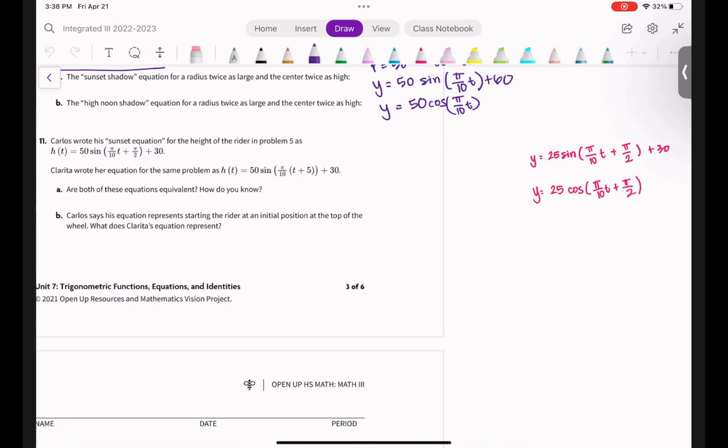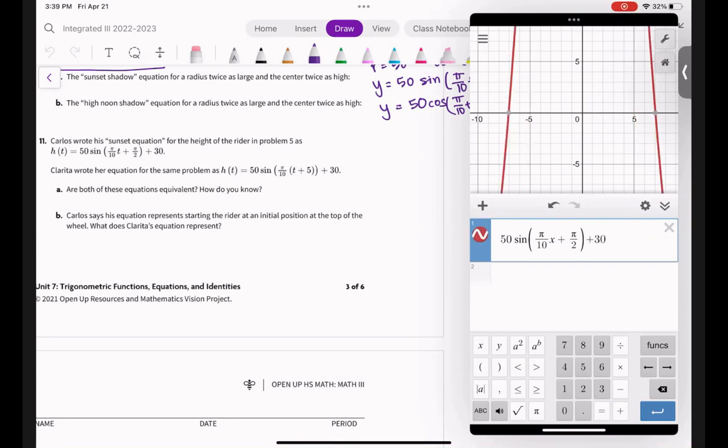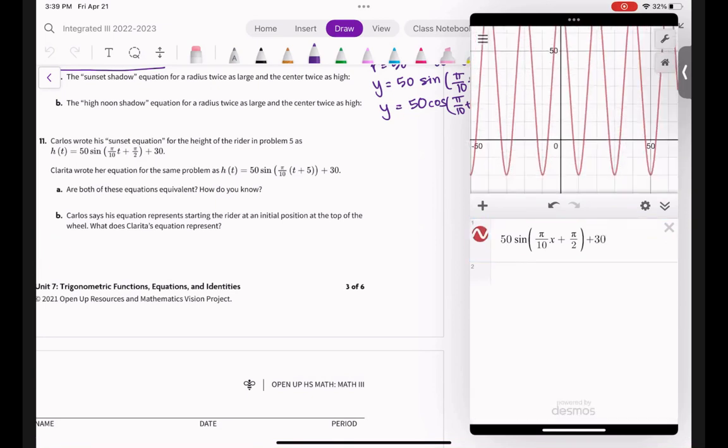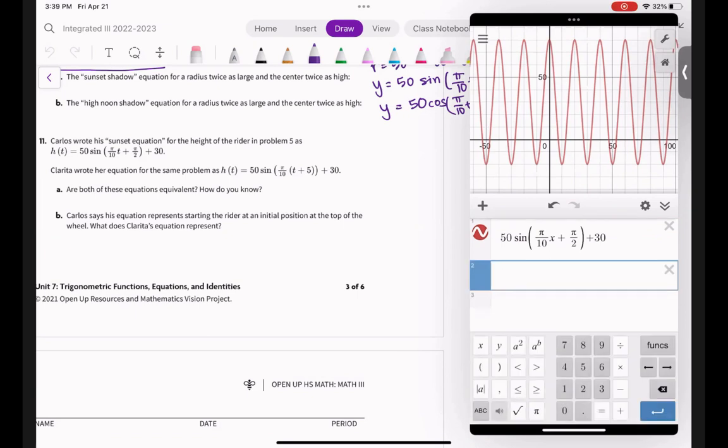Okay, and so let's look. Let's write an equation. It's 50 sine pi over 10 t, I'm going to use x instead, plus pi over 2, and then plus 30. Okay, and so you're like, oh, I see that equation. Looks kind of crazy.